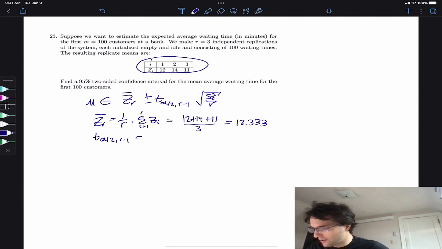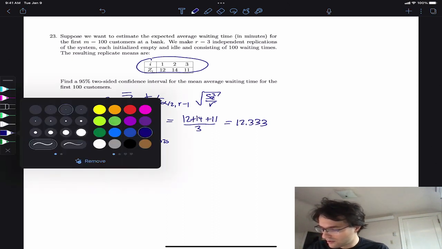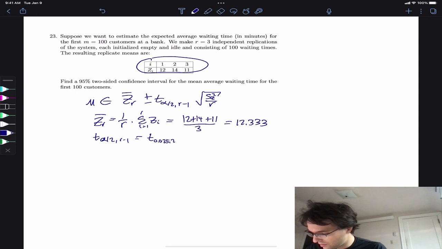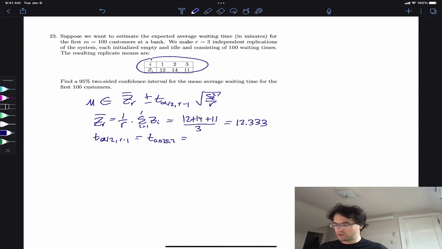Well, alpha in our case is 0.05, and dividing it by 2 is 0.025. And r is equal to 3, so r minus 1 is equal to 2. If you look this up in your table, let's look that up. So 0.025 and 2.